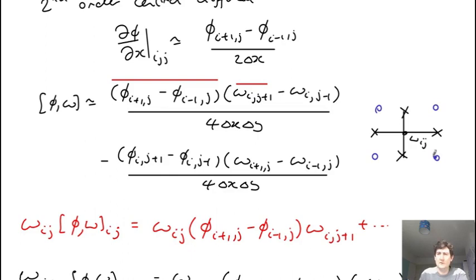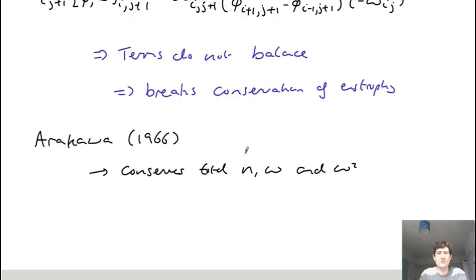And so the Arakawa method essentially combines derivatives along these diagonals with this form here, and weights the two, so you end up with three possible ways of writing this derivative. Arakawa combines them, and so that keeps the symmetry and keeps these conservation laws. So if you're implementing Poisson brackets, I highly recommend you look at implementing this method.